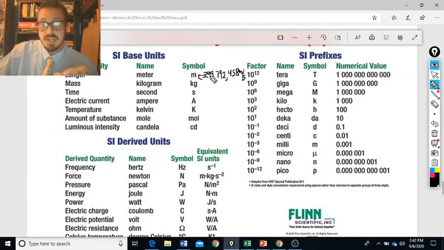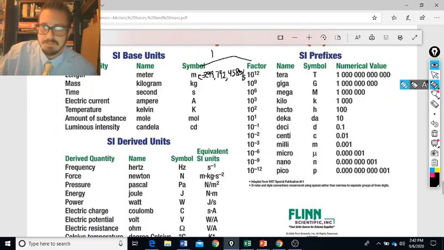That's the very precisely known speed of light. So if we know that light travels exactly that many meters in 1 second in a vacuum, then we can define the unit of length, the meter, as the distance that light travels in 1/299,792,458 of a second, right? It will have gone exactly 1 meter in that fraction of a second. And so that's the current definition of the meter.